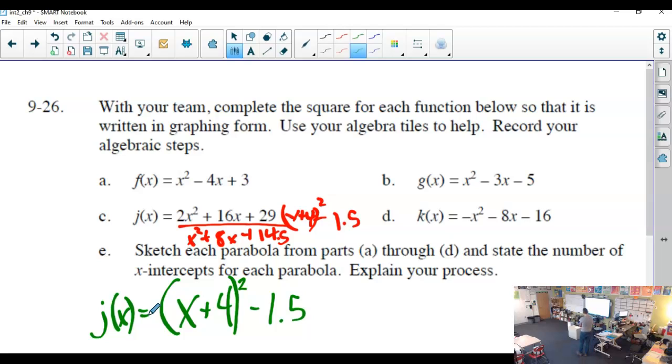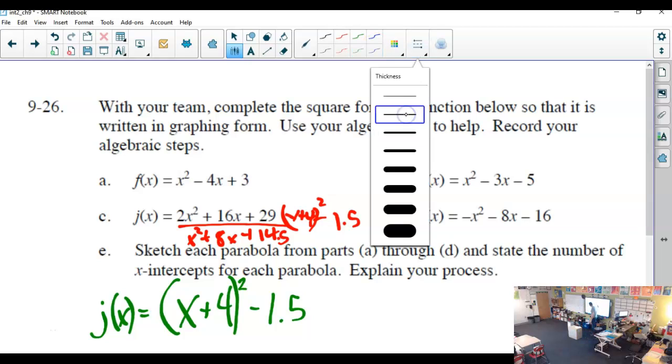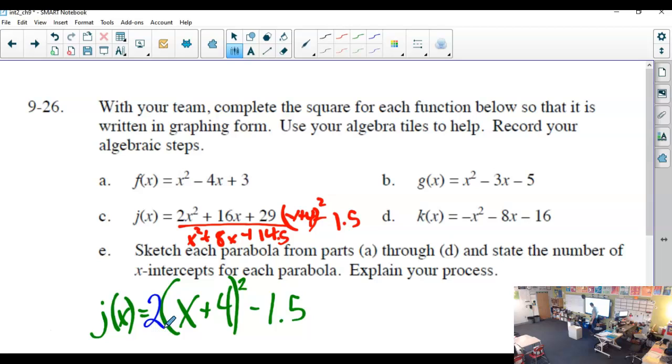So what you do, put 2 in front of the whole entire thing, and then you multiply the 2 by -1.5. So you're saying put the 2 here and then multiply that by 2, and then change this to -3. Or a different way to do that is you could do 2 and then write another parentheses around the whole thing. So we could.